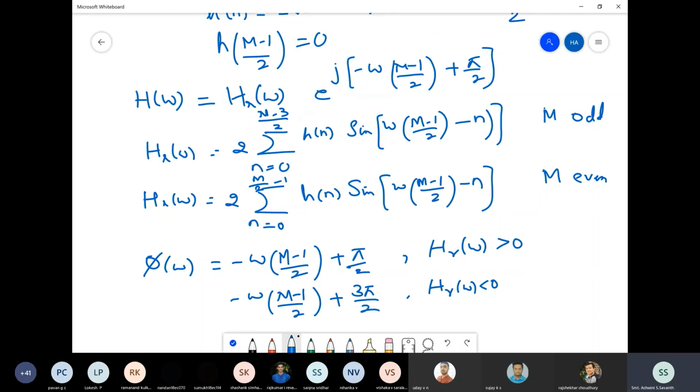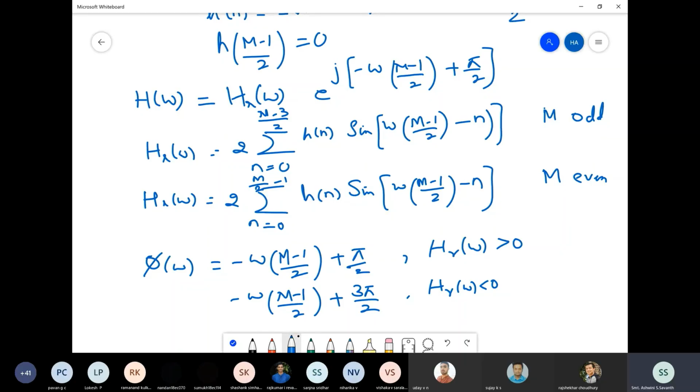We talked about linear phase, symmetric and anti-symmetric filter coefficients, or the impulse response of the filter. Depending on the kind of application, we either choose an anti-symmetric filter or a symmetric filter.